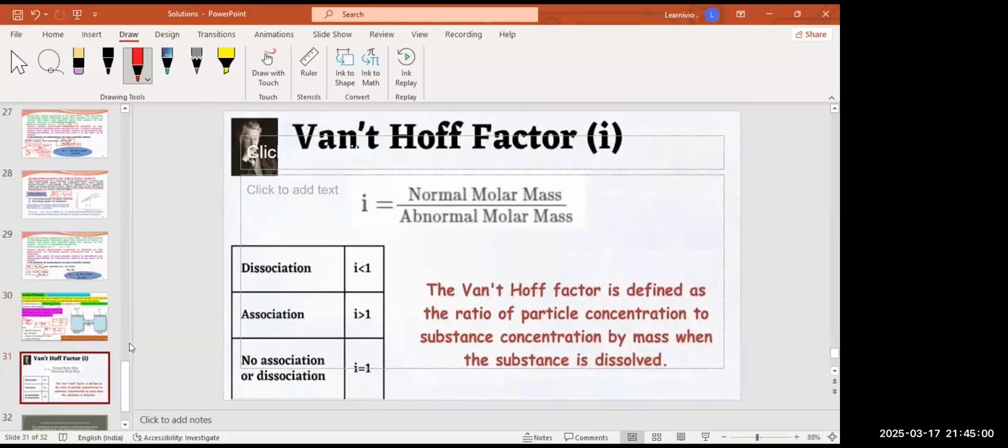Okay, the next topic is van't Hoff factor. What is van't Hoff factor?